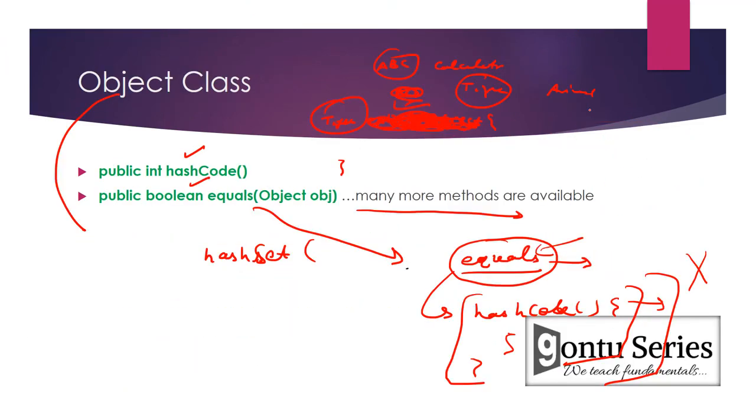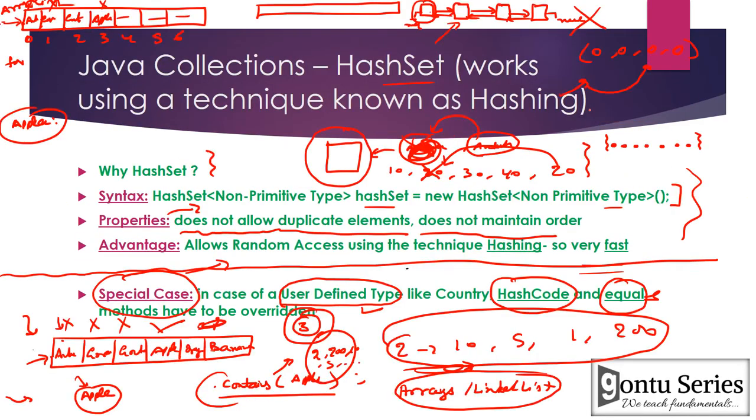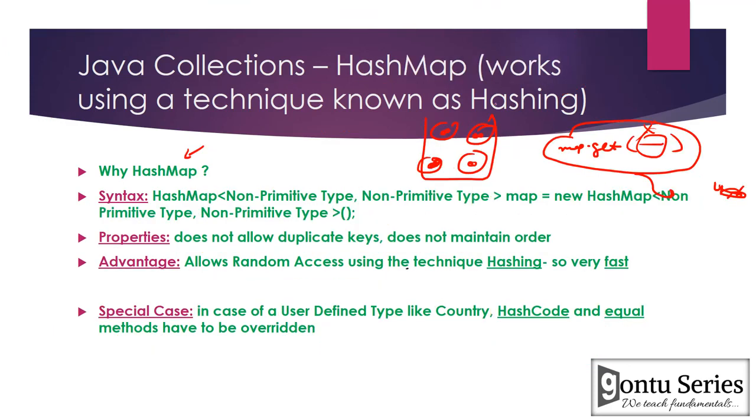The only thing is, it allows you to store objects, and the way it helps you retrieve any object instantaneously in the HashSet, exactly the same way, using the same hashing technique, it's going to get you the key in the hash map.